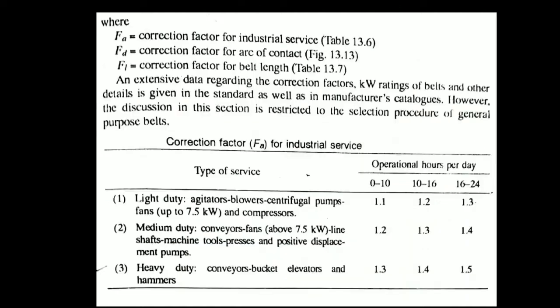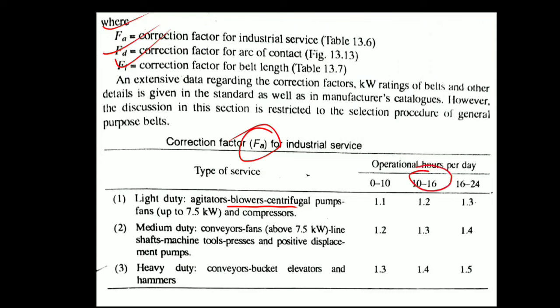So FL we can calculate, I'll tell you one by one. FA is the load correction factor, FD is the arc of contact factor, and FL is the length correction factor. Clear? So the FA value we can select from the chart. Suppose a blower is being used and it will work for 10 to 16 hours.